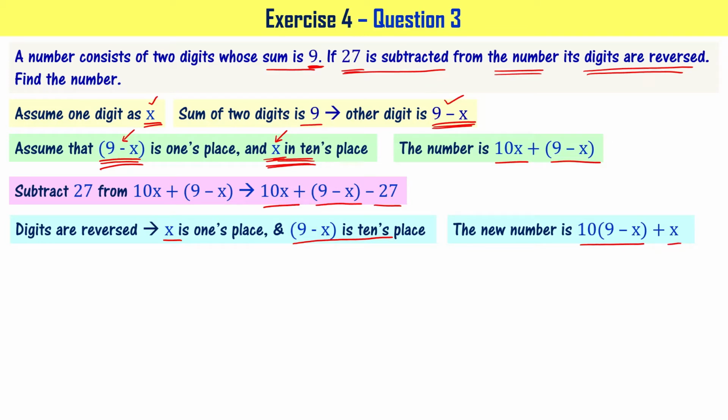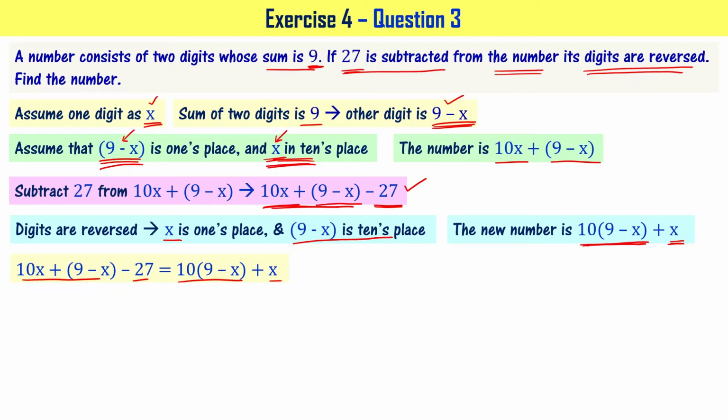This is the value of tens place and this is the value of ones place. And the new number is this. That is equal to the given number minus 27. Let's write that. The given number minus 27 is equal to 10 times 9 minus x plus x.